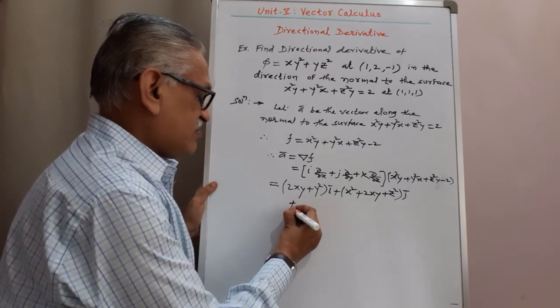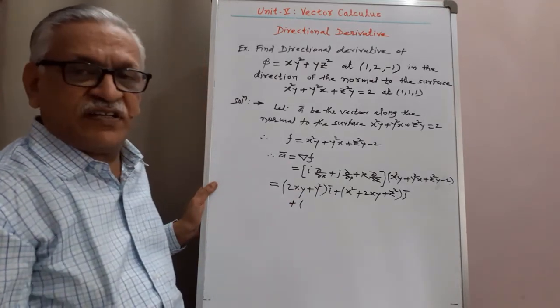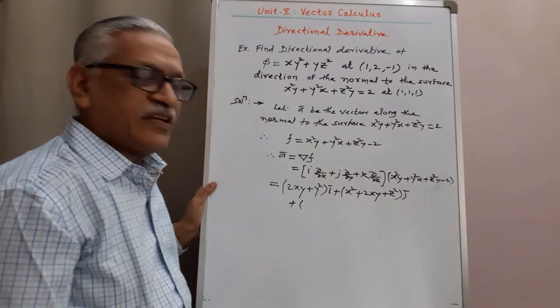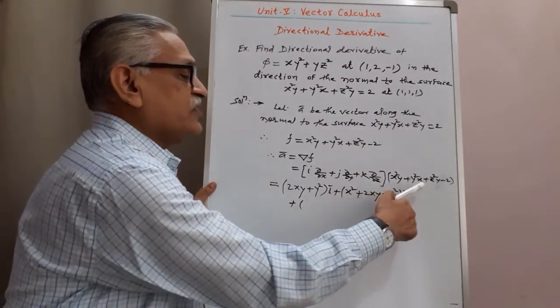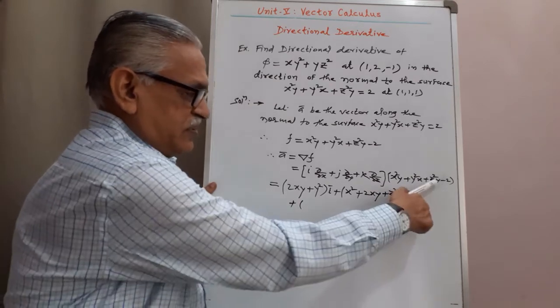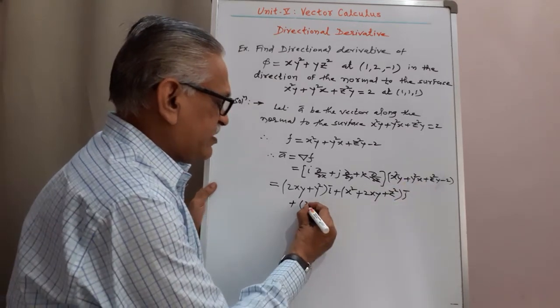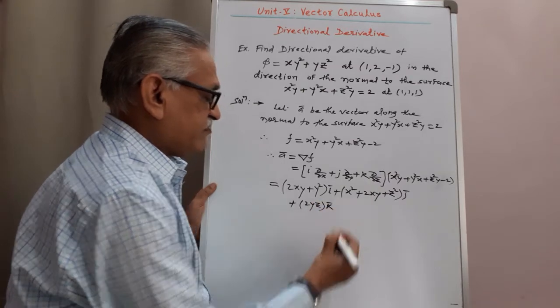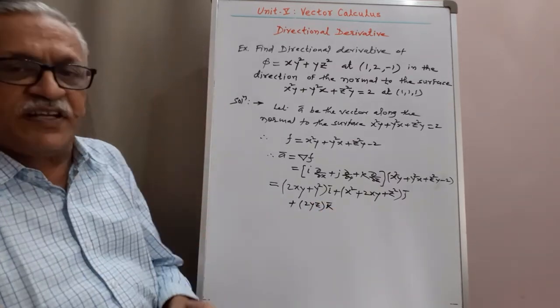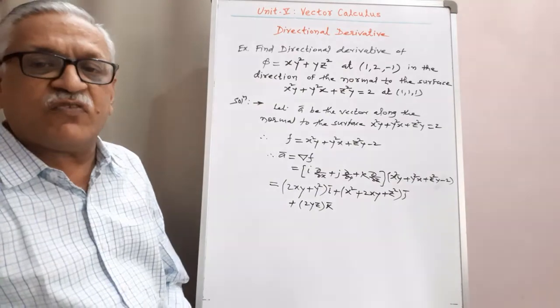Then differentiating with respect to z, keeping x and y constant, the first two terms give 0, and the derivative of the third term is 2yz, into k. Then we determine its value at the point (1, 1, 1).